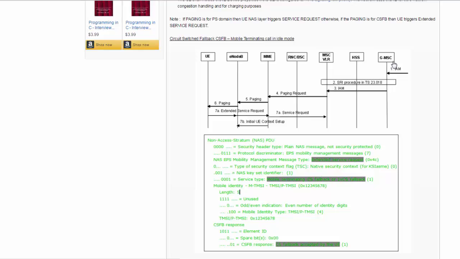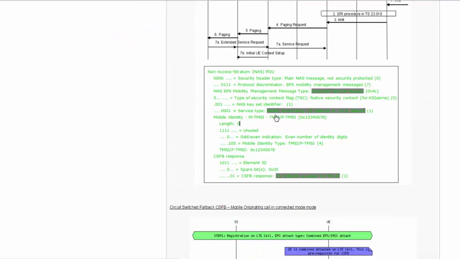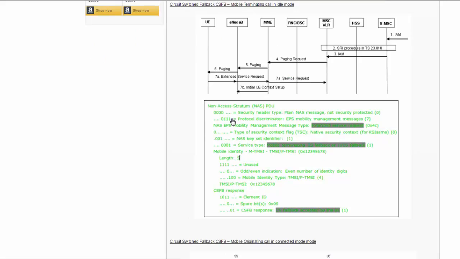Before calling, a paging request will be triggered from the MSC, and my mobile is in the LTE network. Someone calls from the MSC, the paging request will come, and the same paging will be received on the UE side for service type mobile terminating CS fallback.